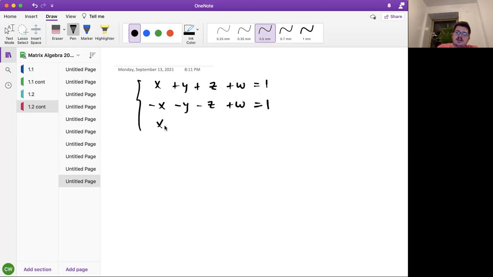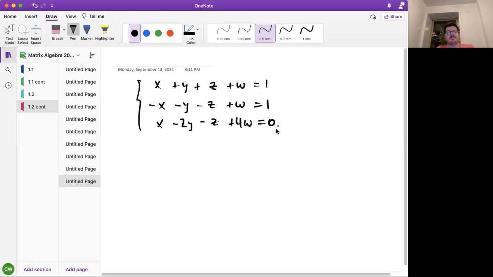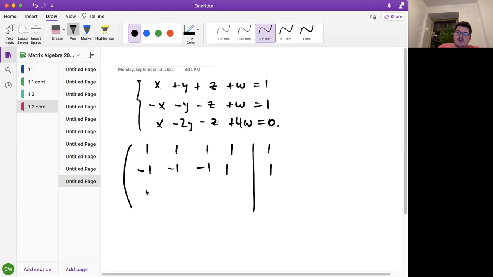And let's do x minus 2y minus z plus 4w is equal to 0. Okay, so let's put this one into matrix form. So we have 1, 1, 1, 1, 1; -1, -1, -1, 1, 1; and 1, -2, -1, 4, 0.